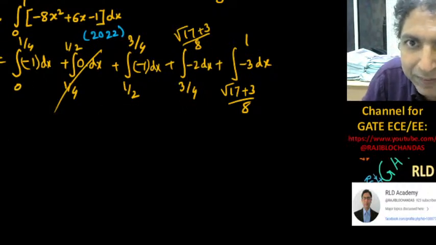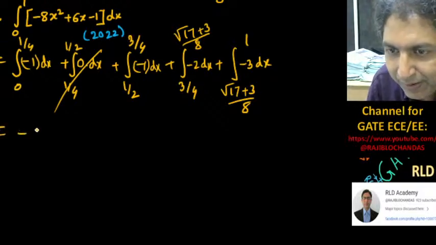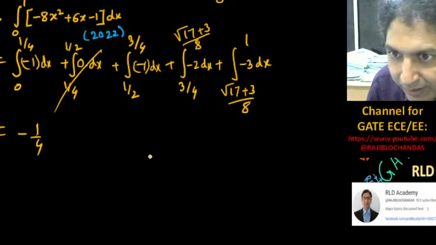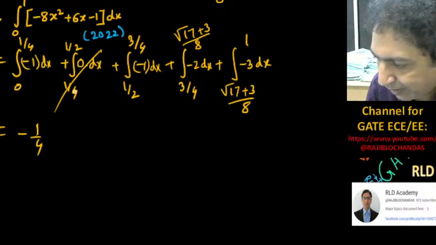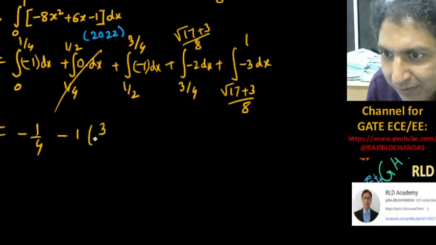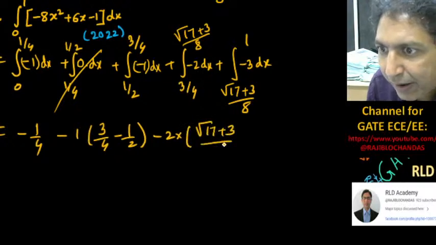So what is the value here? So this is minus 1/4. Okay, this is 0, it is also fine. And this one is -1 multiplication, 3/4 minus half. This is -2 multiplication, (root 17 plus 3)/8 minus 3/4.